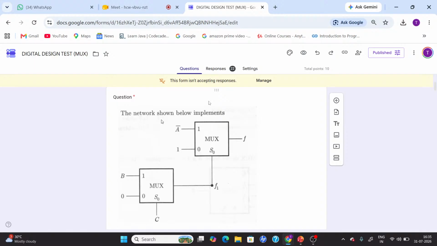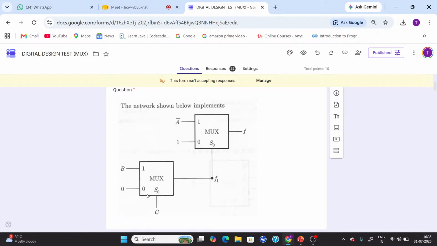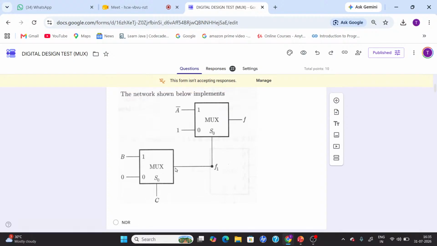We have a series of multiplexers, two multiplexers over here. Let us try to solve it. The output of this multiplexer is C complement into 0, which will be equal to 0, plus C into B. So F1 is equal to BC.